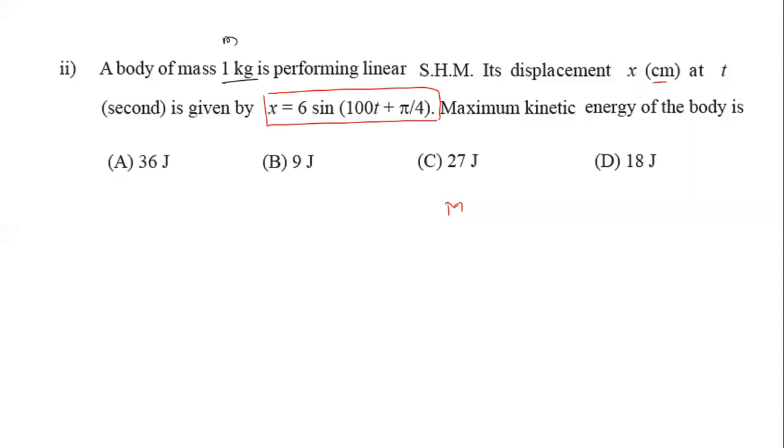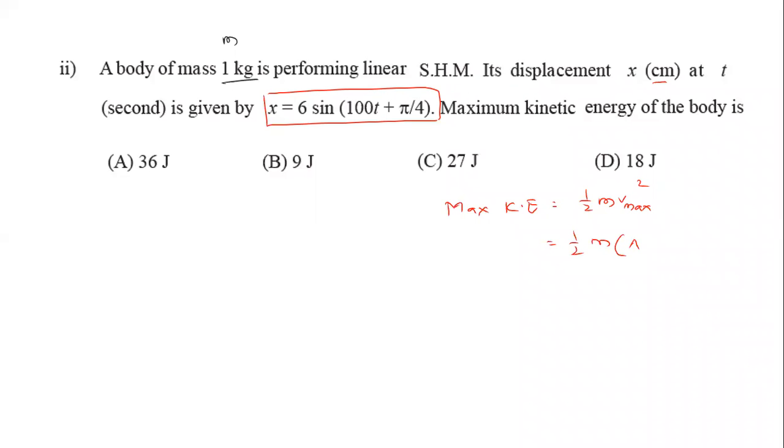So maximum kinetic energy is equal to 1 by 2 m v max square. So 1 by 2 m, maximum velocity is given by the formula a omega square.